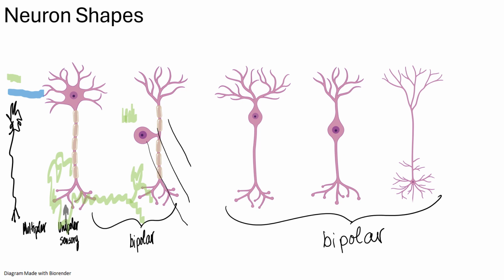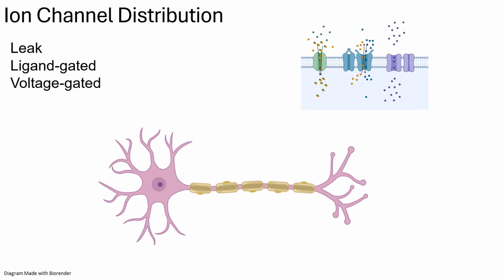In this class, we will always consider unipolar. The cell body of a unipolar neuron is like hanging off the middle of the axon. It's not at the end of the axon like the multipolar. It's hanging off the middle of the axon. Kind of weird. These last three neurons are called bipolar neurons.